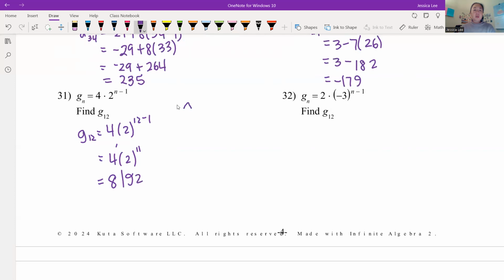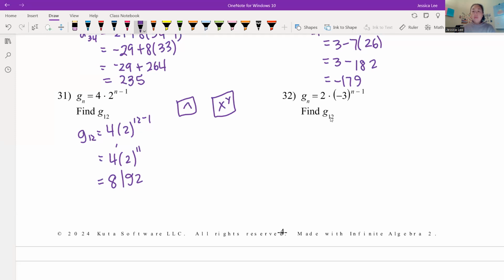Again, you're going to look for this button on your calculator. We call that a caret, or it's going to be x to the y. Either one of those buttons on your calculator will give you that exponent. So you can just put this whole thing in your calculator. Go 4 times, or 4 parentheses, 2, and then to the 11th power. And then you'll get 8192.